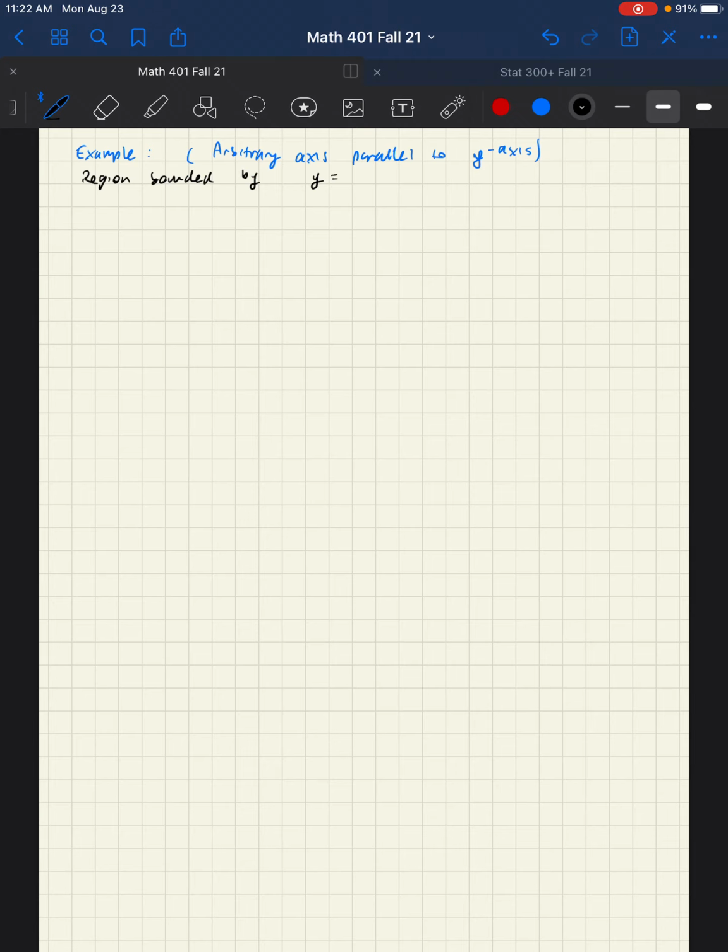So the region is bounded by y equals 2 square root of x minus 1 and y equals x minus 1 about the line x equals 6. Okay, so now I'll draw that region.